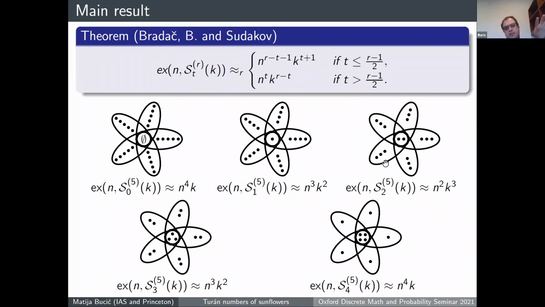And at that point, the answer starts to grow. Now we replace factors of k with factors of n until we get back to n to the r minus 1 times k. So this theorem is saying that this actually happens for any uniformity, and that the answer is this kind of symmetric convex function as you increase the number of vertices inside of the kernel.